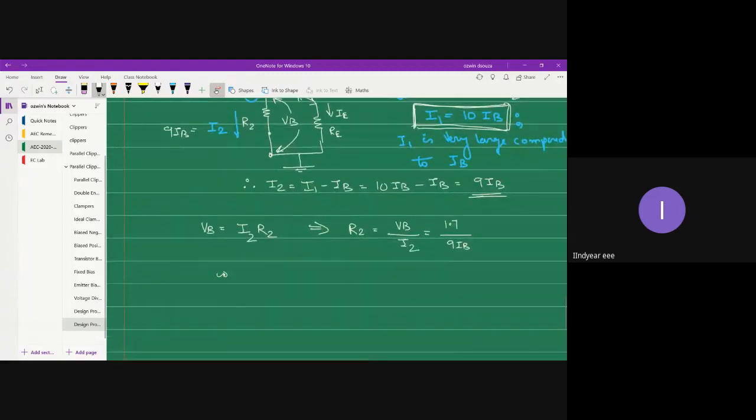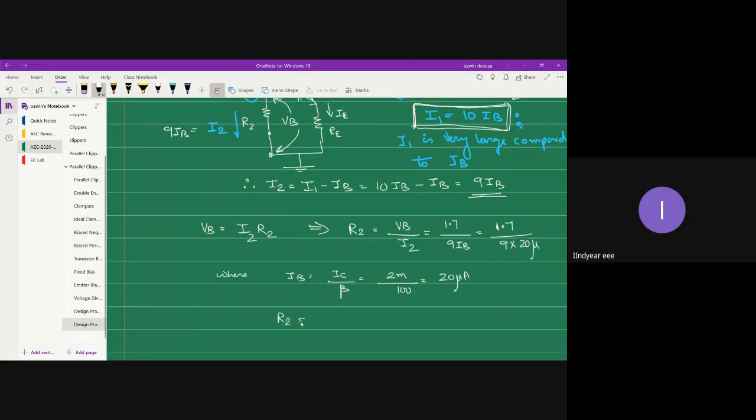Where IB is equal to IC by beta. IC is 2 milliamperes and beta is 100. So 2 milli divided by 100, that is about 20 microamperes. So it is 1.7 divided by 9 into 20 micro.